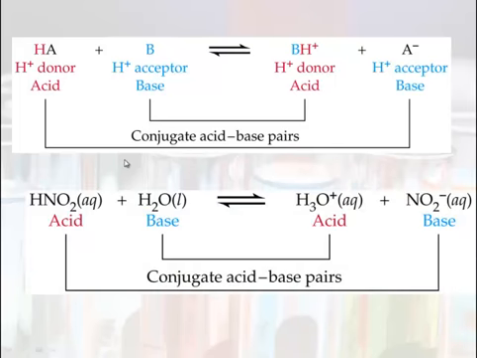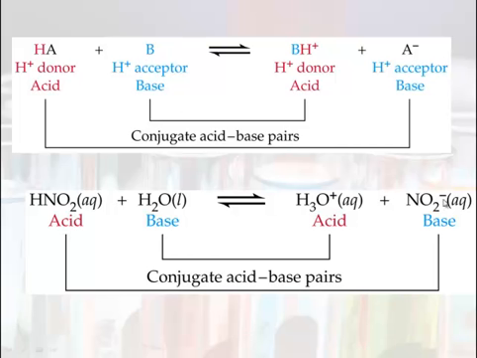So here's a proper example. You've got nitric acid plus water. Nitric acid is an acid. When it loses that proton or that hydrogen, it becomes NO3 negative, which it is here. So NO3 negative is one hydrogen less than the acid was.